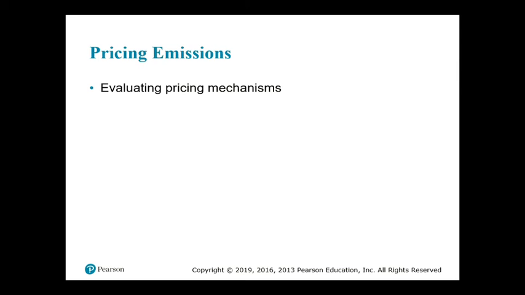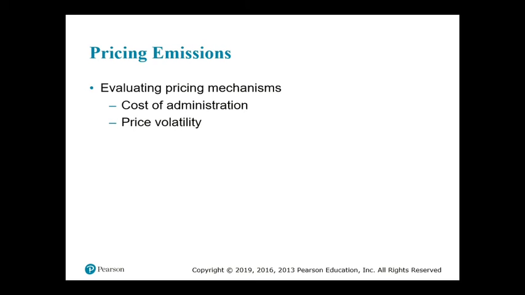So some considerations in pricing emissions are, one, how much it costs to administer this mechanism, whether it's a carbon tax policy or the trading of emission allowances. And price volatility. Carbon tax is a fixed price, whereas in cap and trade, the price would adjust as the market changes.